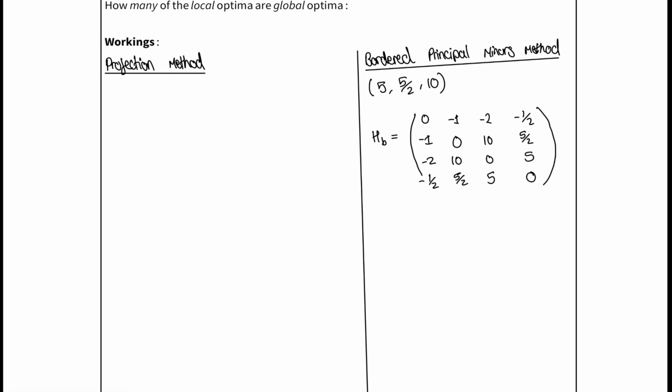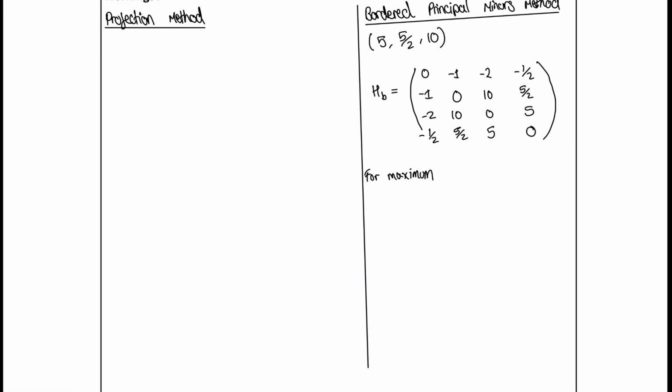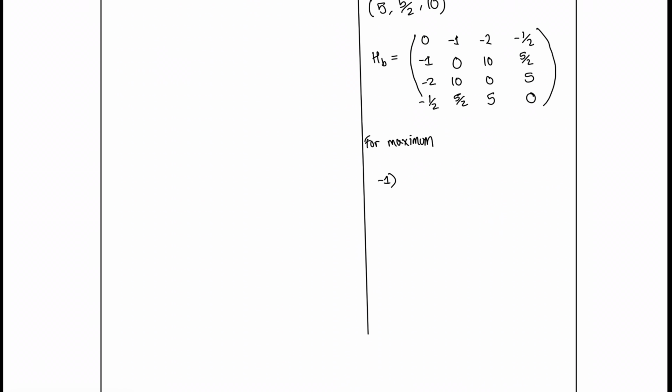Now, just to look at the theory of what we are testing for in the bordered principal minors method, for a maximum, it should follow that minus 1 to the power of m, where m is the number of constraints, so in our case 1, multiplied by d2 should be greater than 0.